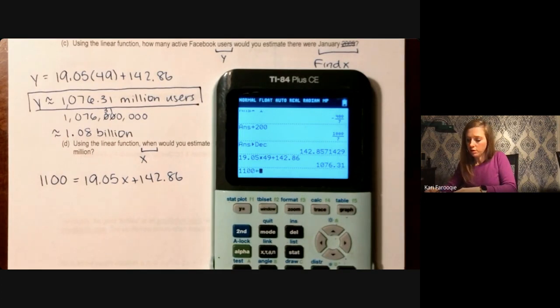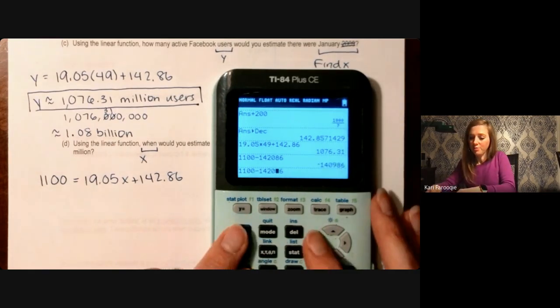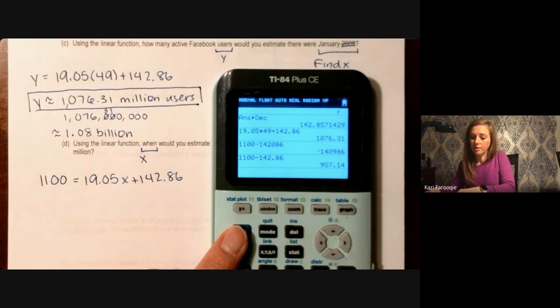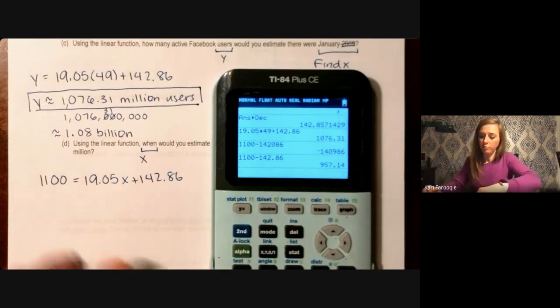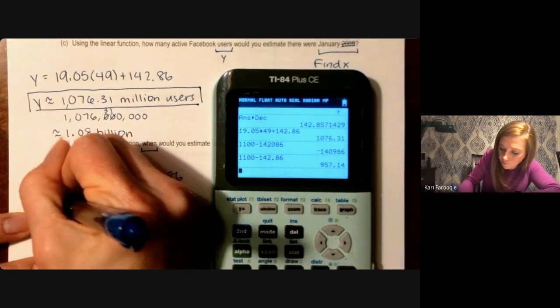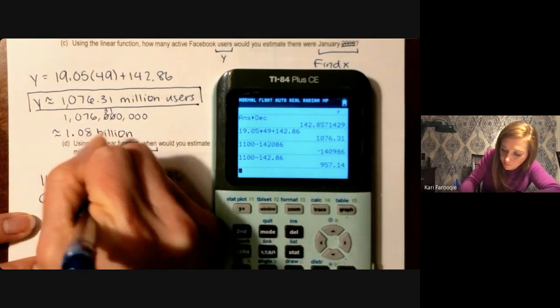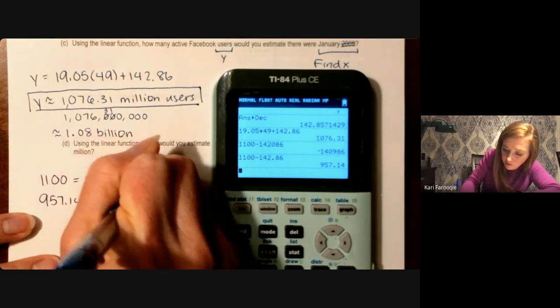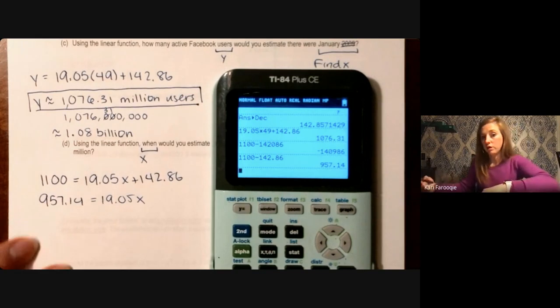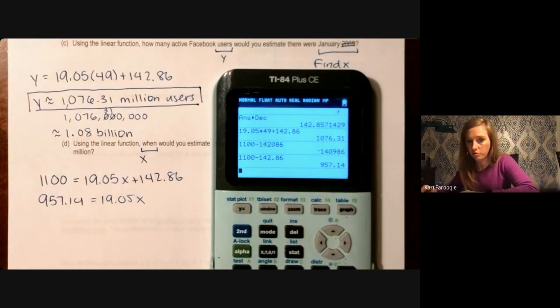1,100 minus 142.86. No, not that. 0.86 is 957.14, which is 19.05x. Now I'll divide both sides by 19.05.